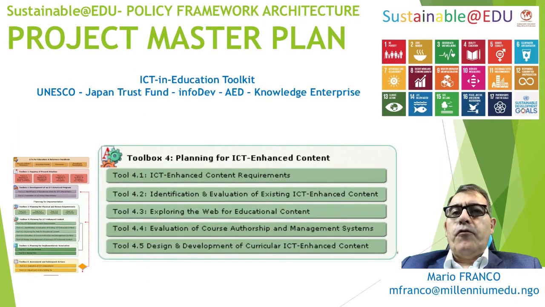Toolbox 4, planning for ICT enhanced content, includes 5 areas: ICT enhanced content requirements, identification and evaluation of existing ICT enhanced content, exploring the web for educational content, evaluation of course authorship and management systems, and design and development of curricular ICT enhanced content.